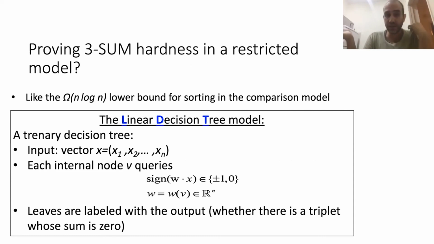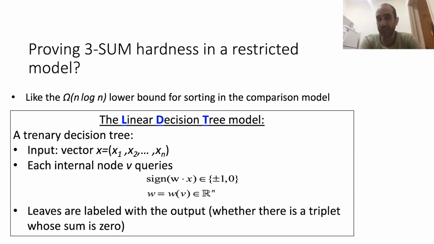And then they observed that the way the n squared algorithm accesses the data is very simple. It's basically only by comparisons. And then they said, okay, maybe like in sorting, where we can convince ourselves that merge sort is optimal by showing that any comparison-based algorithm must use at least n log n comparisons.